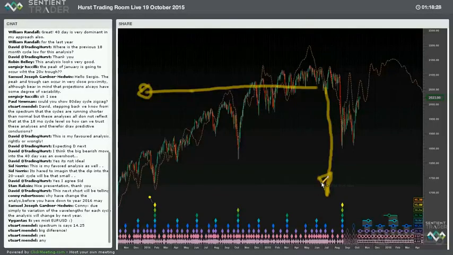If a cycle itself is forming a low point, you can use spectral analysis and bandpass filters and so on to identify the times at which cycles are forming low points and when they're expected to form low points. But Hurst's approach in his cycles course, and the approach that Sentient Trader software takes, is that this is useful information. Of course it is. It's vital information to know when the cycles are forming troughs.